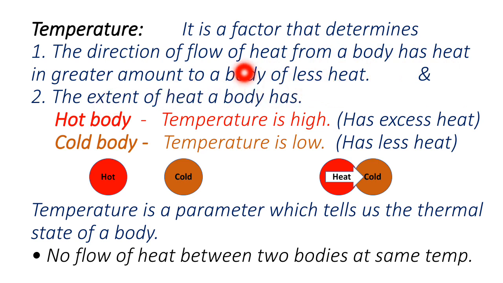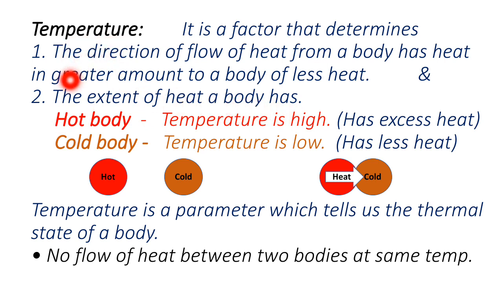So temperature determines the direction of flow of heat, that means which body has greater heat and which body has lesser heat. And the second factor is that temperature determines the extent of heat a body has, and that can be measured by the temperature.